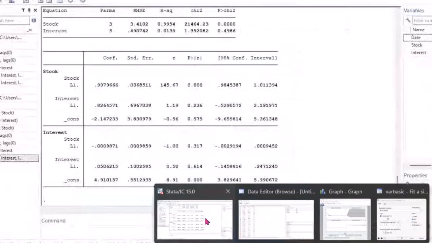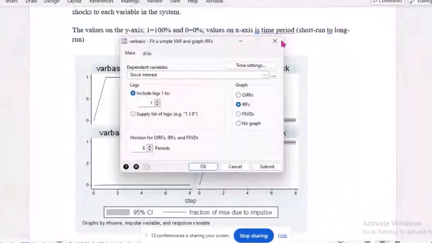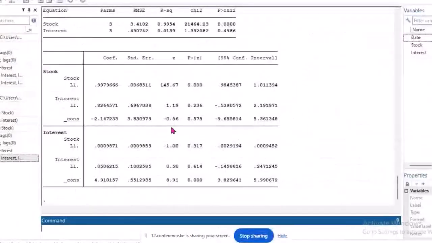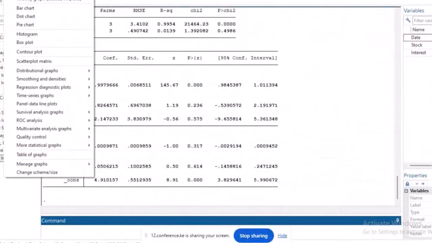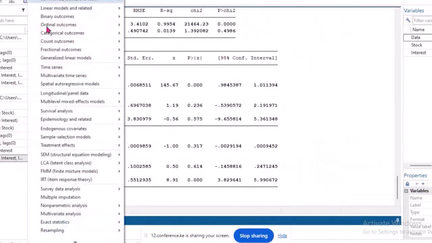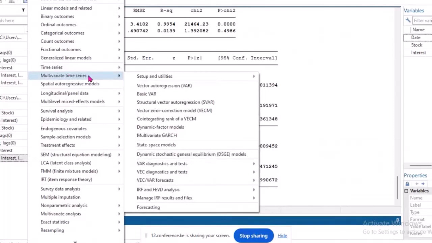You can first of all delete these ones. So to run the analysis, we come back to statistics. We go to multivariate time series. We go to basic VAR.